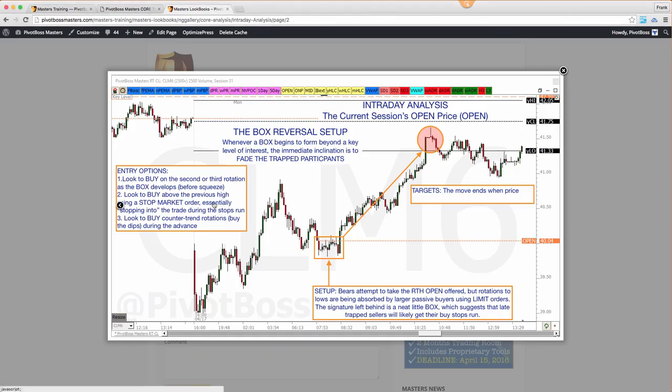Are there precise parameters to define a rotation? When I'm looking for this right here, I don't want the box to get too big, and I want the initial retest to be quick. In terms of exact precise rotations, not yet. Maybe I can work on something like that in terms of parameters.